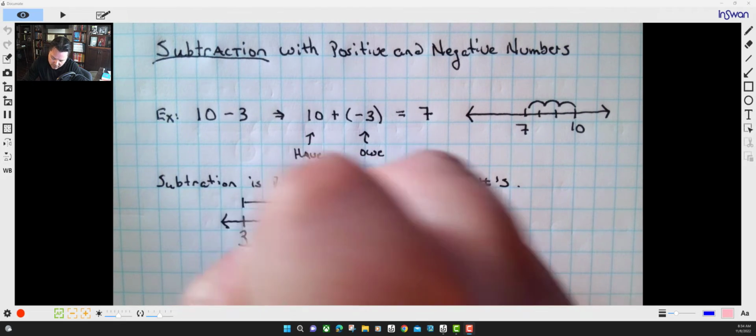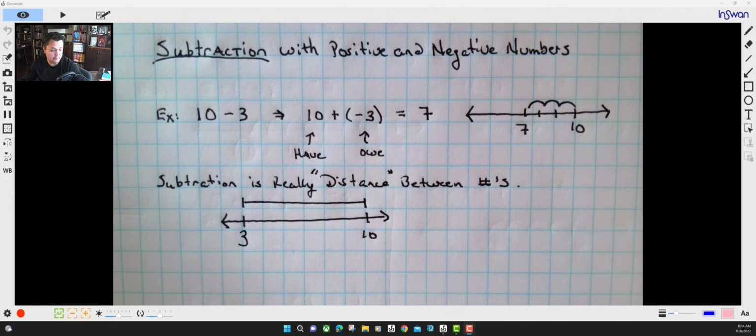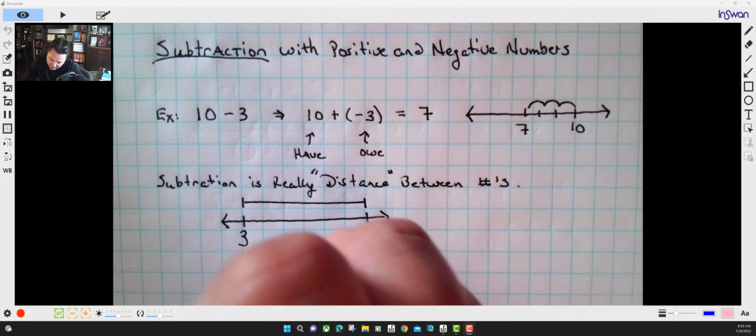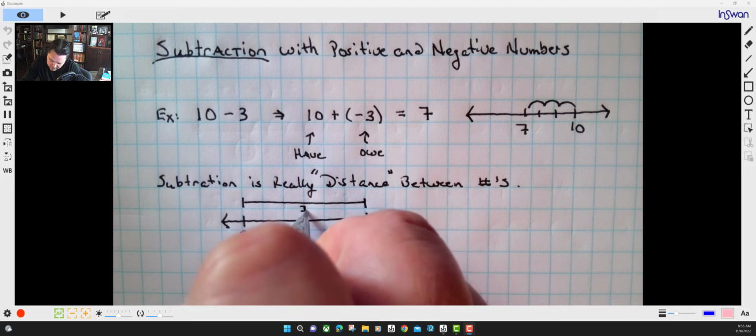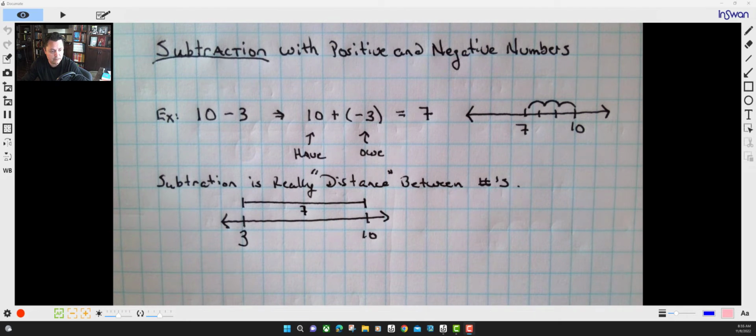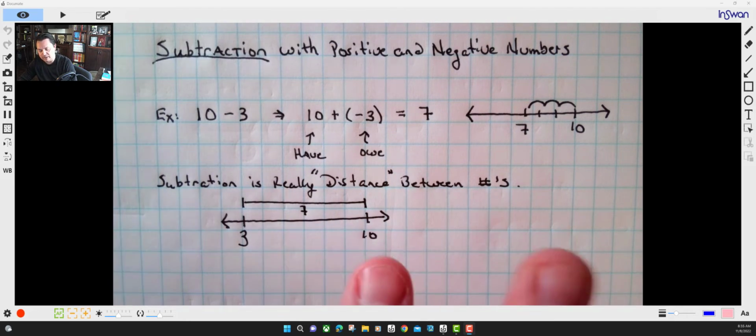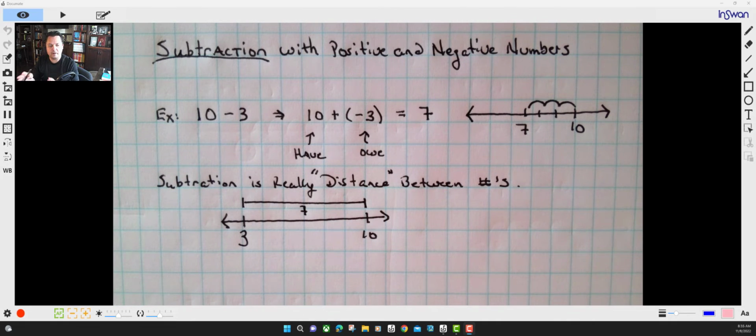So I'm going to put this in quotes, because we can have negative values in terms of this length, depending on which way we go. But we know that between 10 and 3, that length is 7 long. This idea of thinking about subtraction as how far apart two numbers are is probably a pretty good way of applying subtraction to different problems.